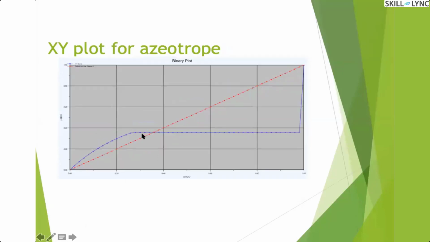So here, if you look at this plot, there is a crossing. So you cannot purely split 100% or 90%, 99% split of those components, because it's going to form an azeotrope. So whenever there is azeotrope formation, you will have to go for azeotropic distillation. You have to introduce a third component which will break the azeotrope, and then you will have to separate those three components out individually.